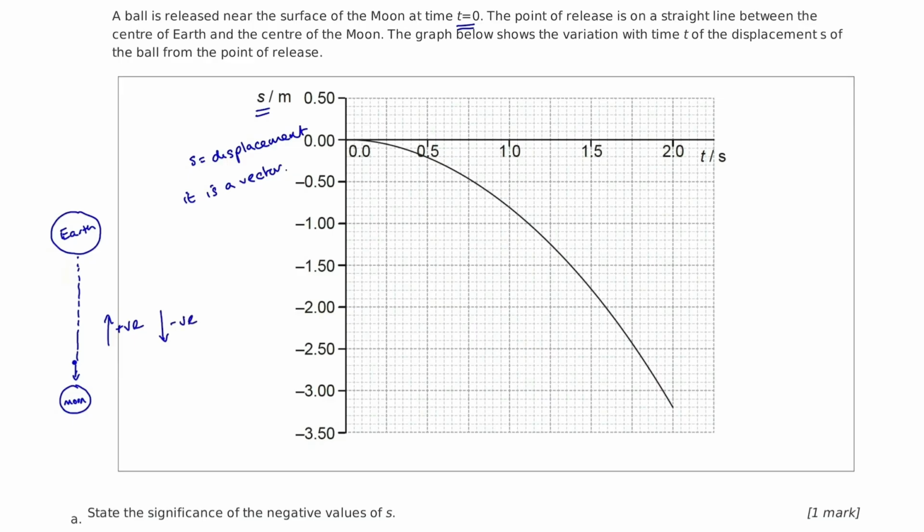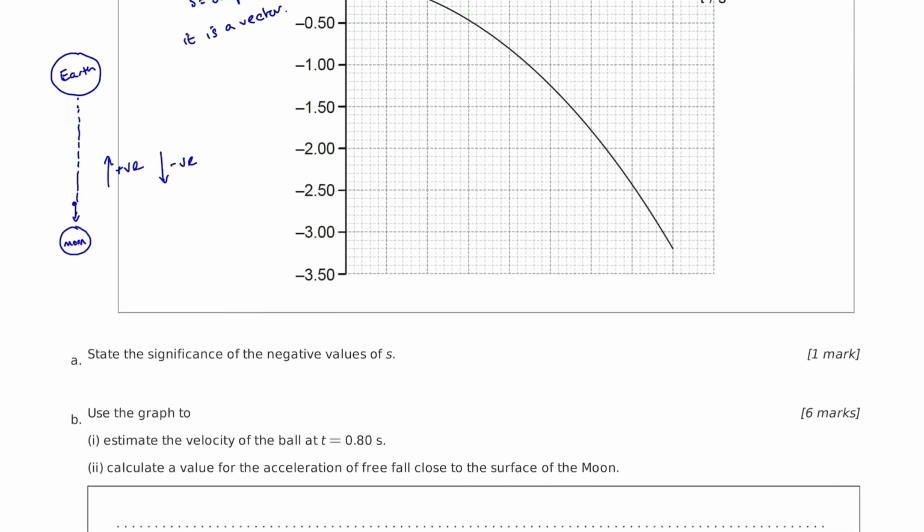So anything that goes in the positive direction, we give a positive number, and anything that goes in the negative direction, we give a negative number. So for this answer, we'll write it down underneath here: the direction towards the moon is chosen to be negative.